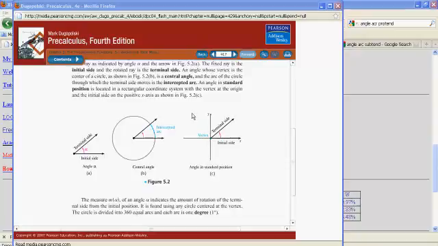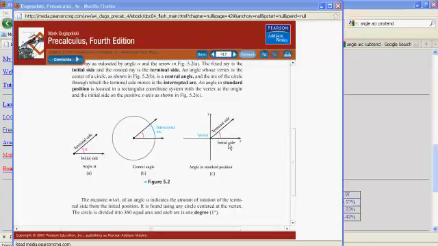So now, if we rotate a ray away from the initial side counterclockwise, then the degree measure of this angle is positive. And if we rotate a ray from the initial side clockwise, then the degree measure of this angle is negative.